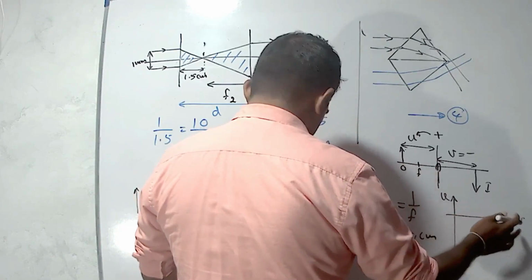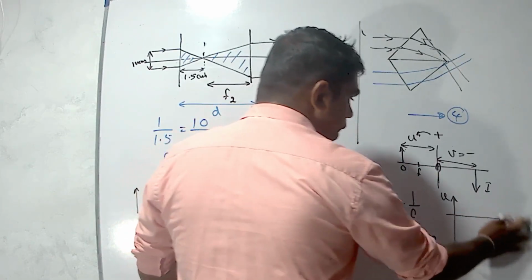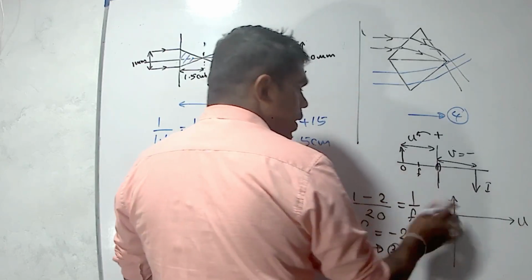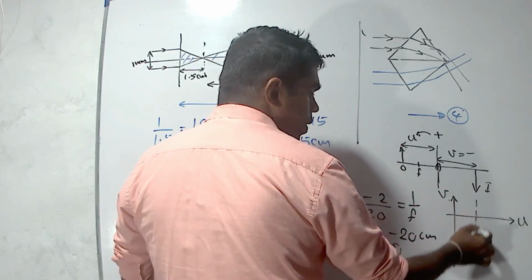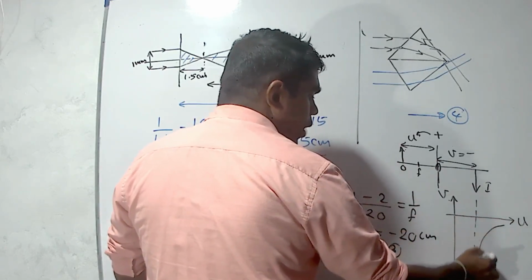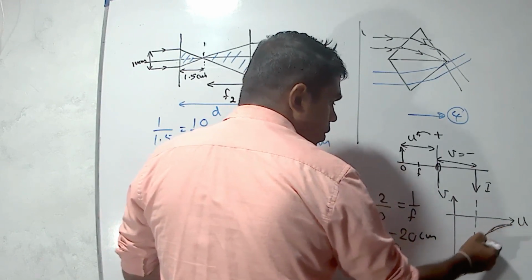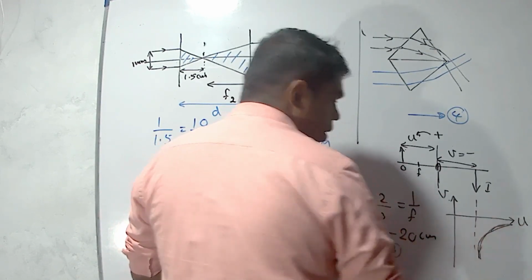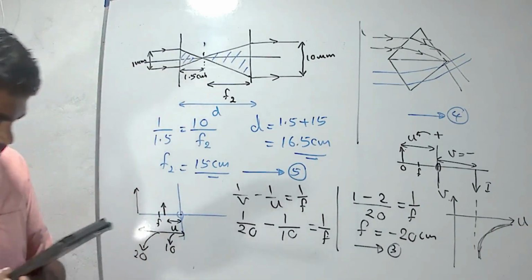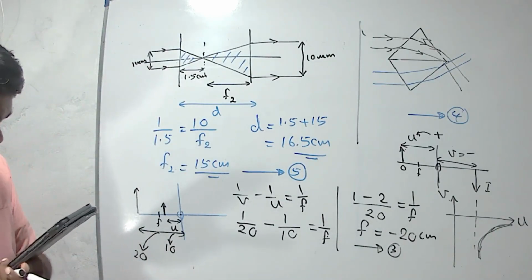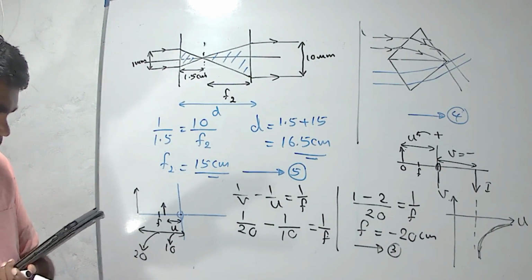When the object distance is greater than the focal length, we can obtain a UV curve like this. Then we can consider the given straight line.